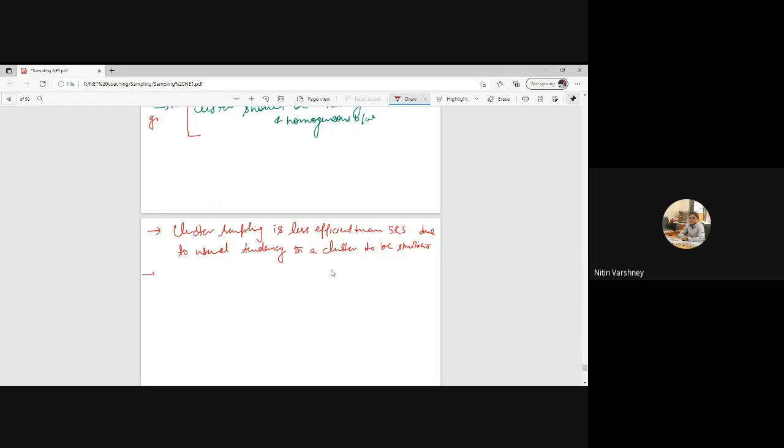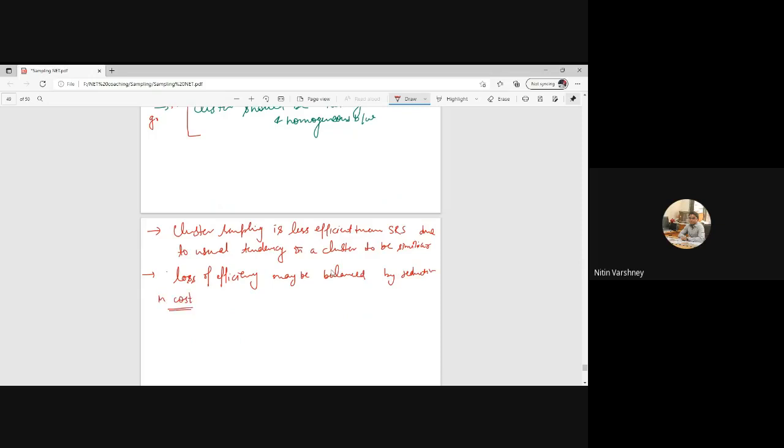But this loss of efficiency may be balanced by a reduction in cost.